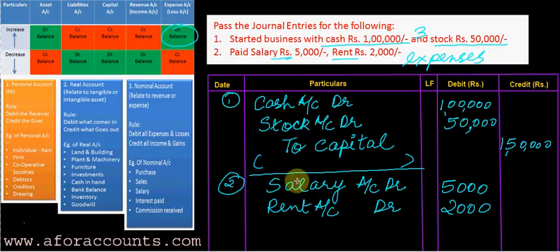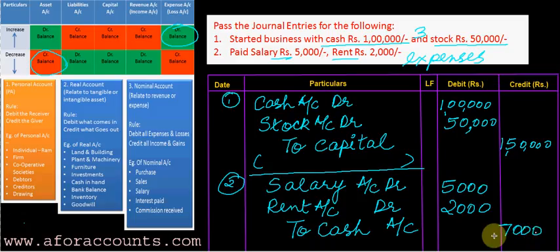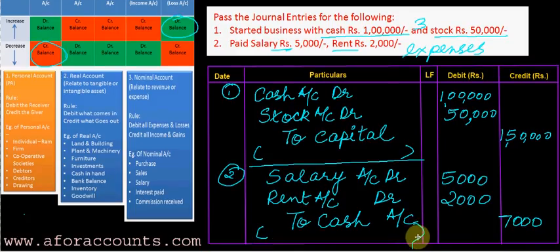So see, cash is an asset, and when an asset decreases, you have to credit that asset. So we have to credit the cash account. Salary account debit, rent account debit, to cash account, 5 plus 2, 7,000. Write in brackets the narration, being salary and rent paid in cash.